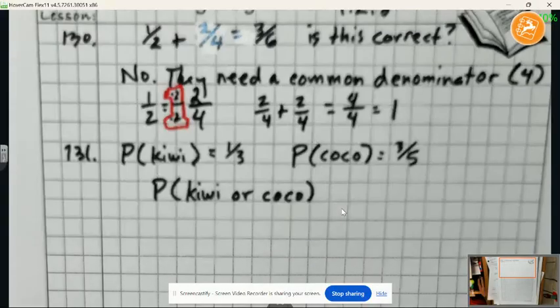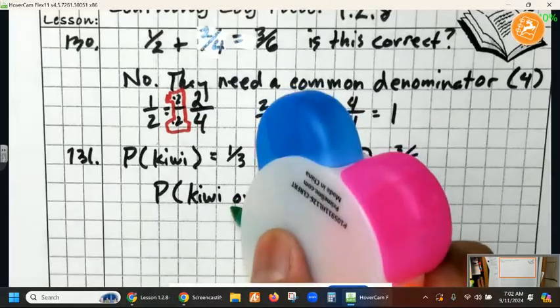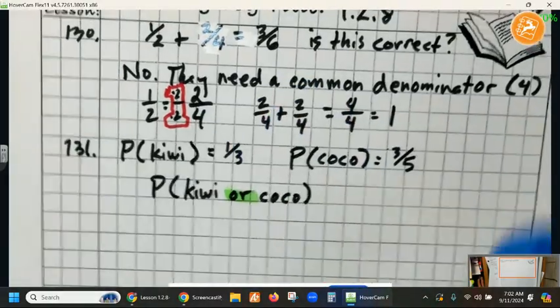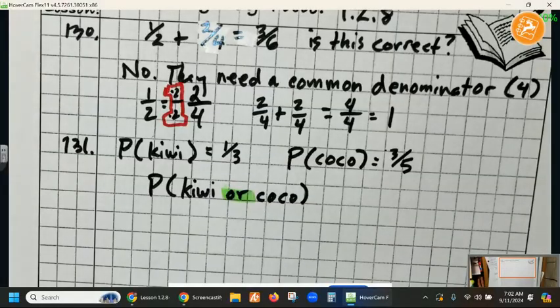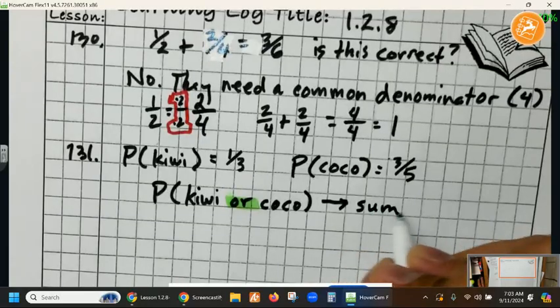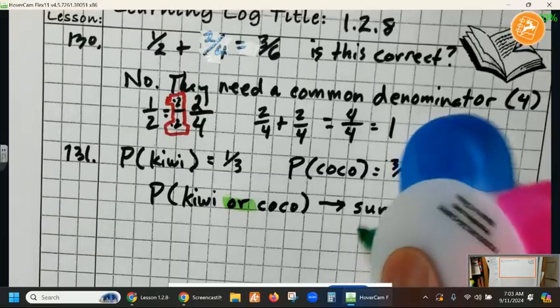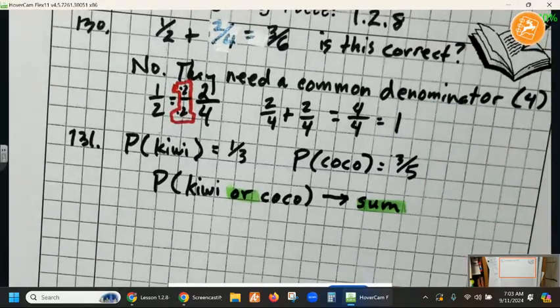Okay, and what we learned in a previous lesson is whenever we see this word "or" in a combined probability problem, that means that we are trying to find the sum of those two probabilities, right? The probability of kiwi or coconut means what is the sum.